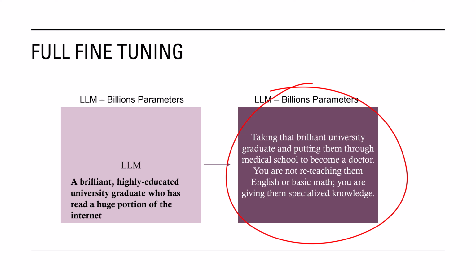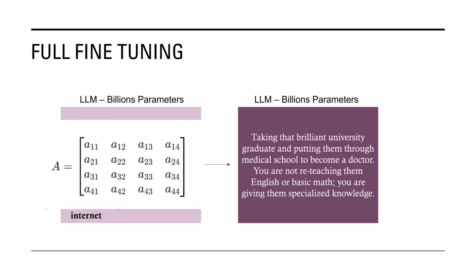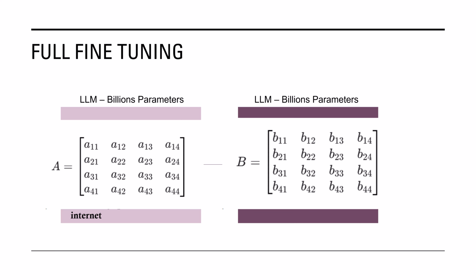It is the process of taking a pre-trained base model and continuing its training on a smaller, specific, and high quality data set. This is the most straightforward method. You take the pre-trained LLM and update all of its weights while training on your new task-specific data.